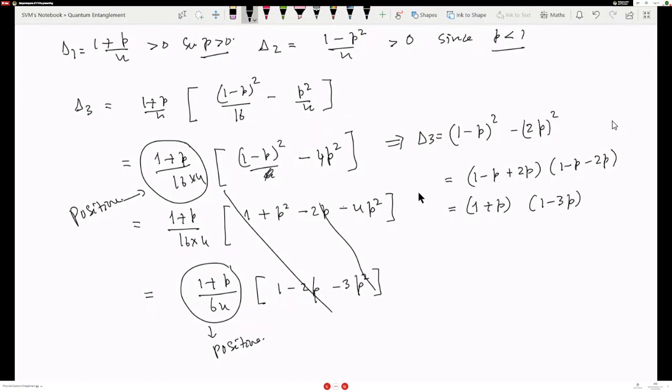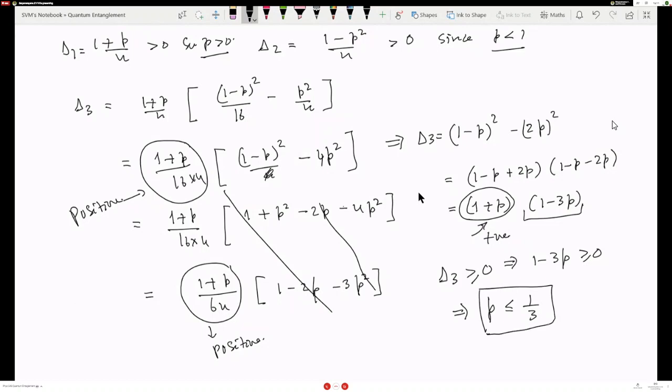So 1 plus p is positive, so the other factor has to be positive. That means delta 3 has to be greater than or equal to 0, which implies 1 minus 3p has to be greater than or equal to 0. That tells you p should be less than or equal to 1 by 3.